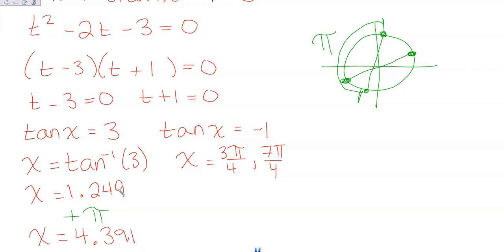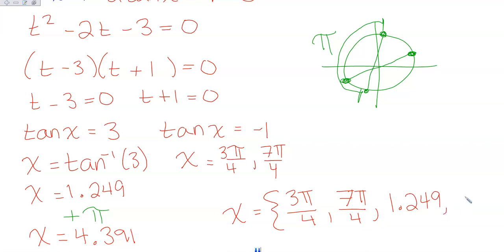All right? So now my x values are 3 pi over 4, 7 pi over 4, 1.249, and 4.391. Okay, so again, it is important to remember that your inverse function is only going to give you the information in quadrant 1.